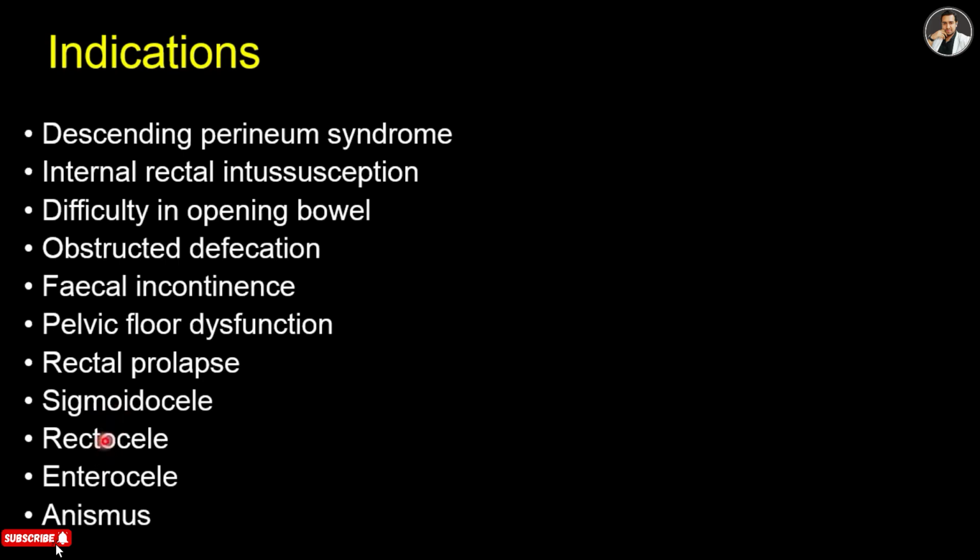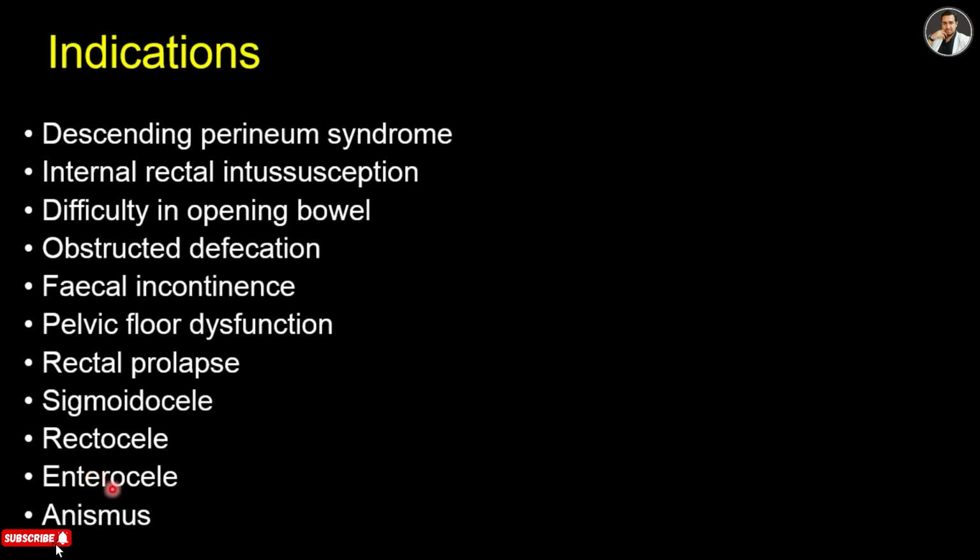And then the rectocele. So rectocele is a term for posterior vaginal wall prolapse that results when the rectum bulges into the vagina. And two common causes of the defects are childbirth and hysterectomy. And then the enterocele. So enterocele is a herniation of the peritoneal sac containing small intestine through the pelvic floor between the rectum and the vagina.